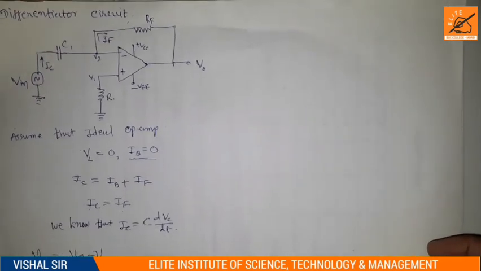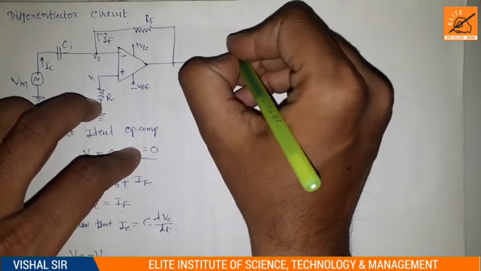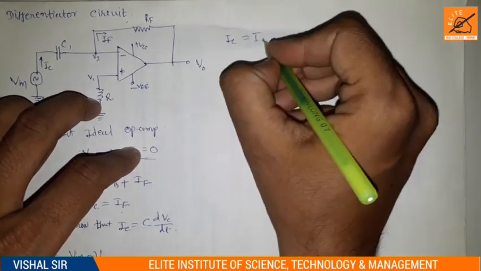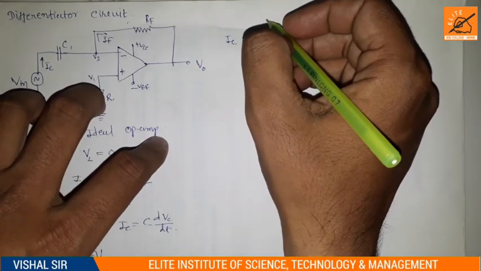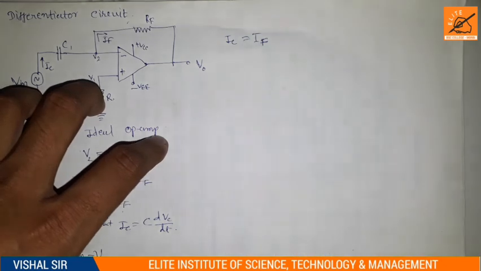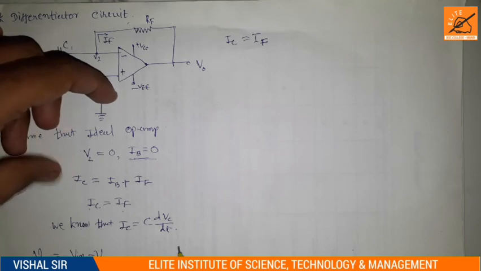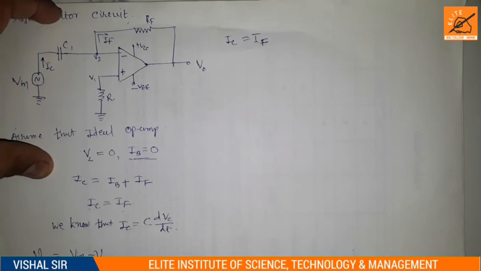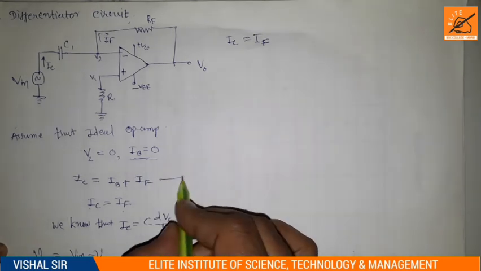Now we know IC is equal to IF. Therefore we can equate equations 2 and 3.